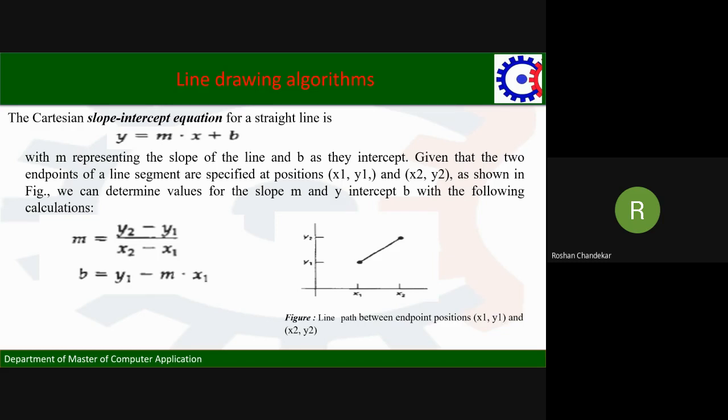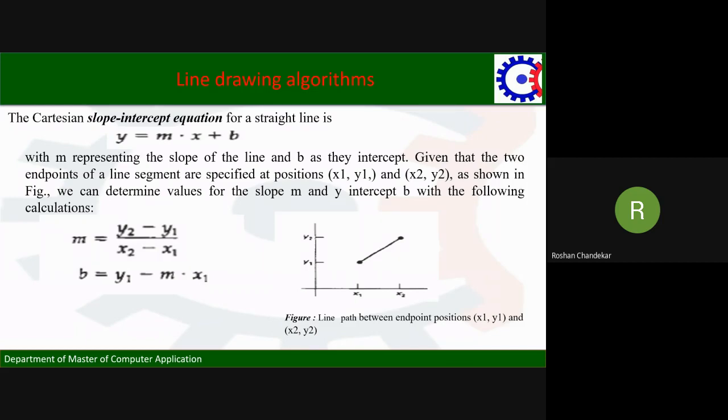Whenever we have to draw a line, we have to define m, the slope of the line. m is represented in the equation of a straight line, y = mx + b, where m is the slope and b is the intercept.